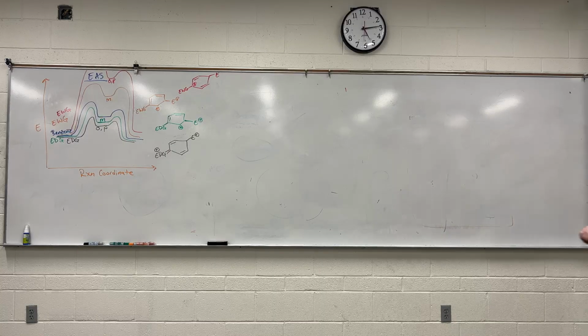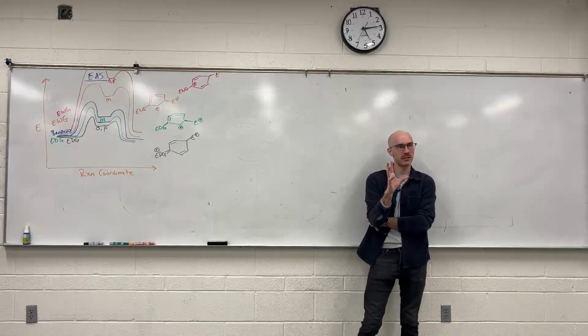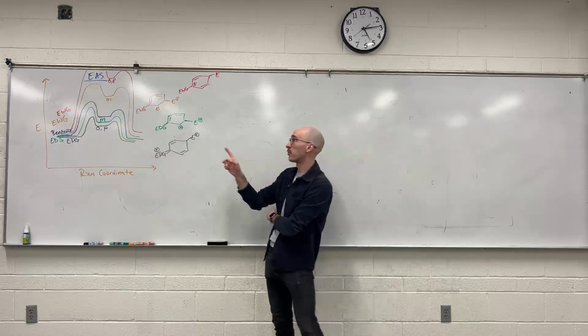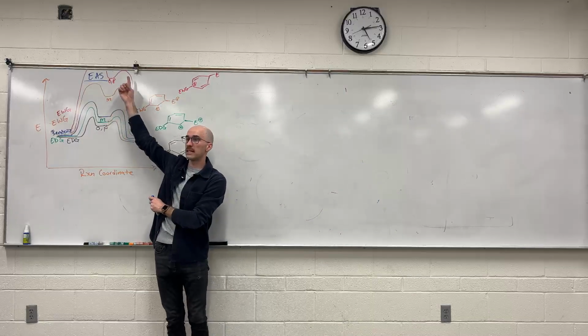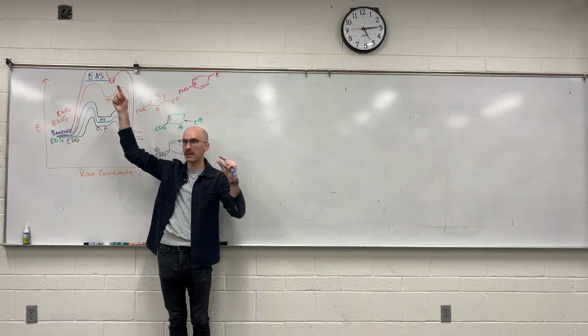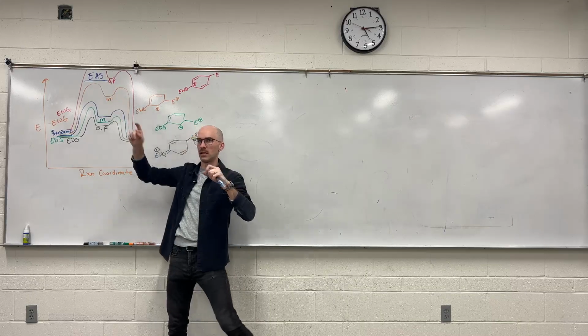mechanisms. Okay, there's something I don't think I've ever said in class before because I always forget to. There are some electron withdrawing groups that deactivate the ring so much for specific EAS reactions that those reactions don't happen.